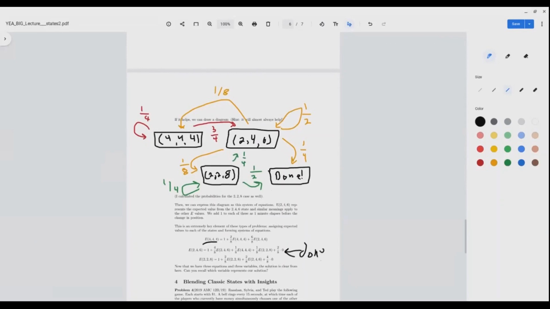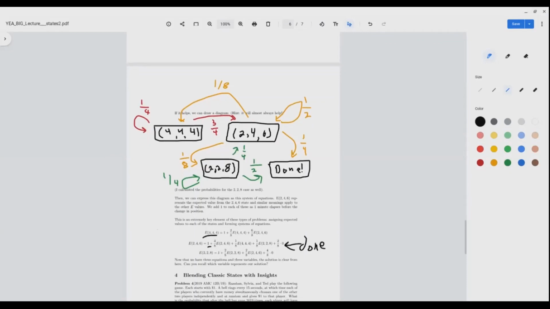And don't forget to add 1 to all these. The reason you have to add 1 is because 1 second passes between states. You can verify that pretty easily. Let's say a sample problem has a 1/2 chance of returning to itself and a 1/2 chance of finishing, with only 1 state.